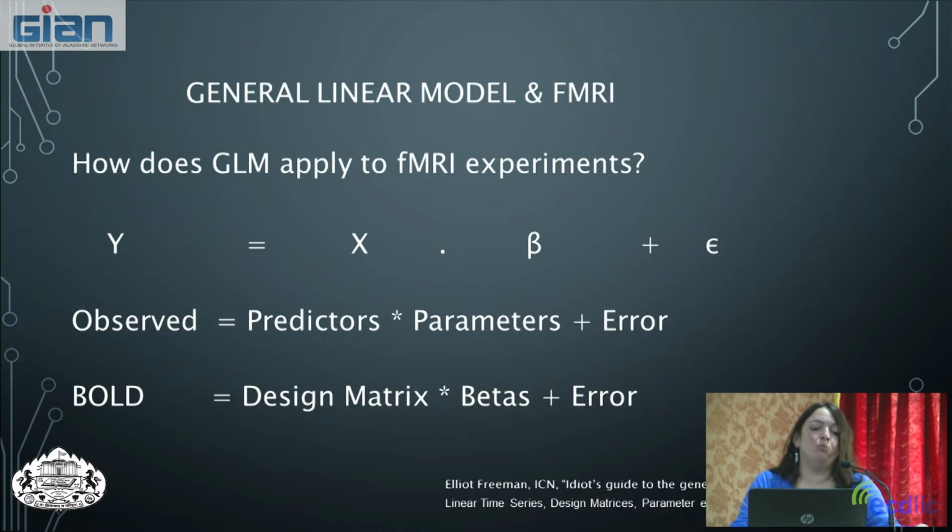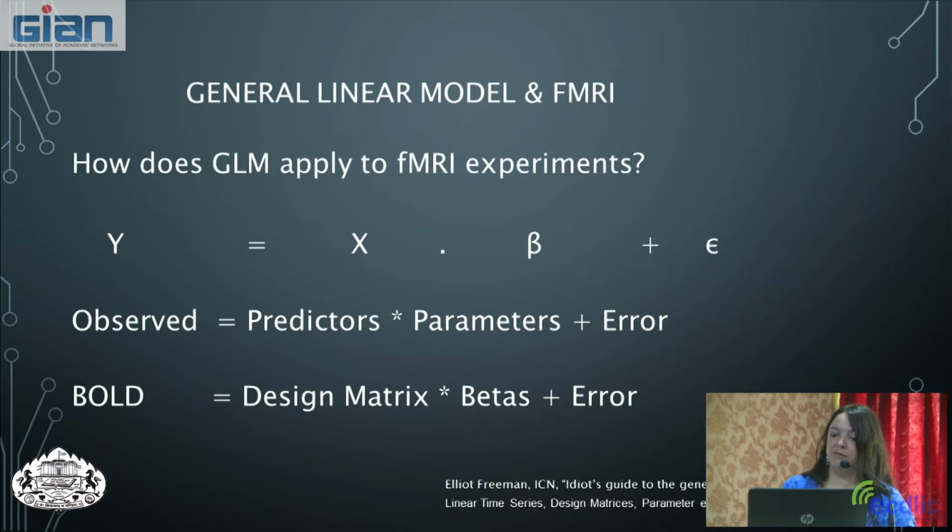So to do this, we're going to apply what's called the general linear model. So what we have in fMRI data is Y. Y is our observed data here on the left side of the equation. Okay, X is going to be our predictors. So this is going to be how we design our task, whether our person is at rest or whether our person is in an active state.